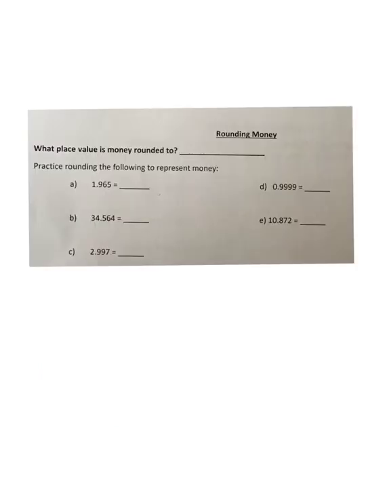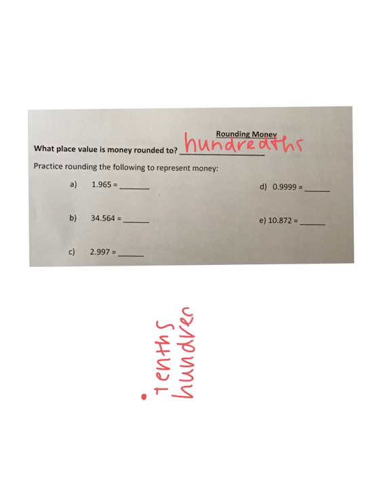All right, so before we move on to the next 2 questions, we wanted to refresh our memory on rounding very quickly. So when you're rounding money, you need to be rounding to the 100th place. Okay, so remember place value, you have your decimal, you have tenths, then you have hundredths.